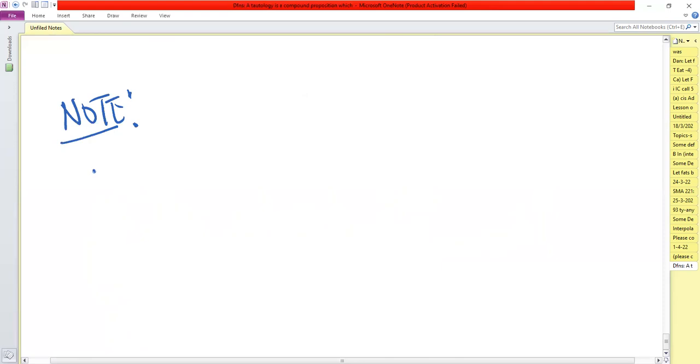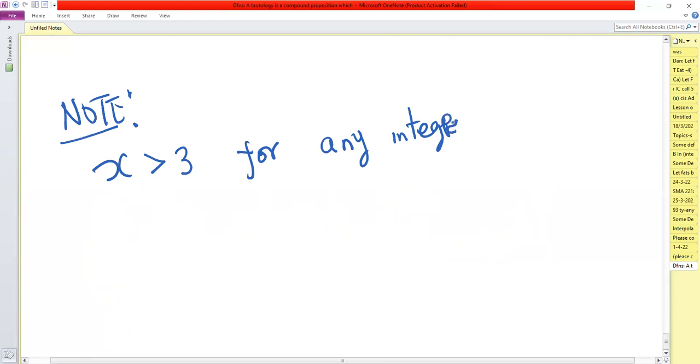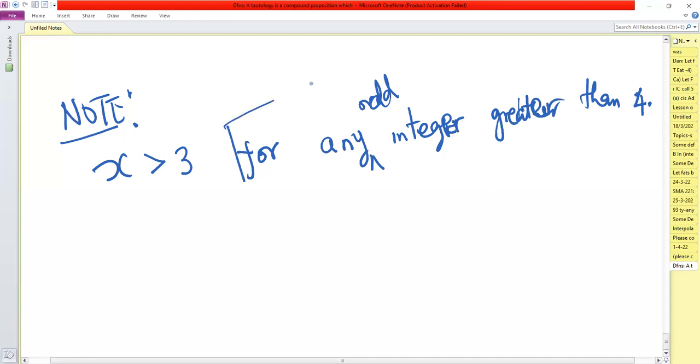When you say x is greater than 3 for any integer, say for any odd integer greater than 4, then this becomes a statement because now there's more information given to what x should be fixed.